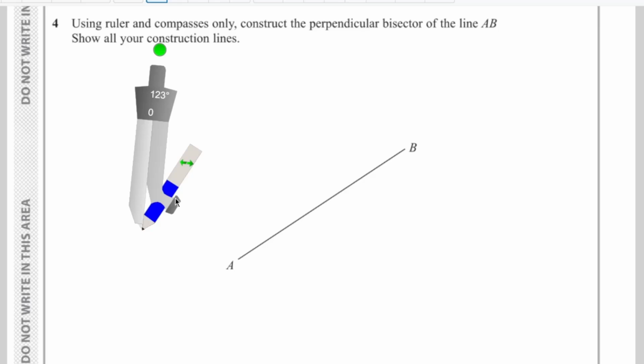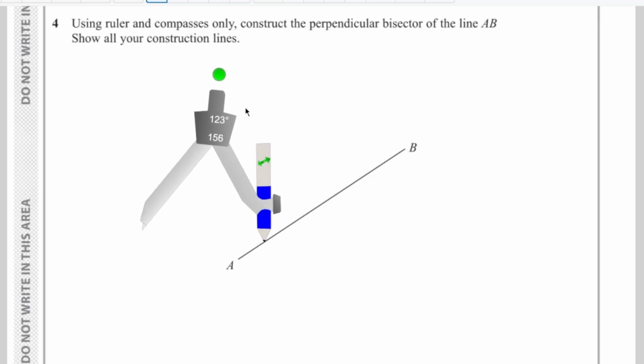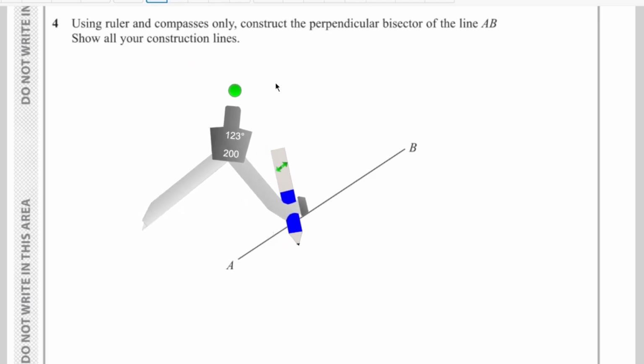The first thing when constructing the perpendicular bisector of line AB is to get the compasses and open them up until you get a radius which is more than half of the length of AB. Something like this.